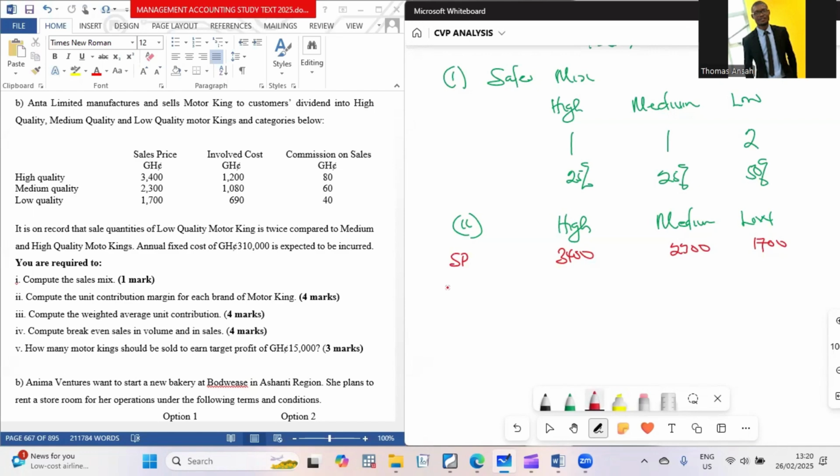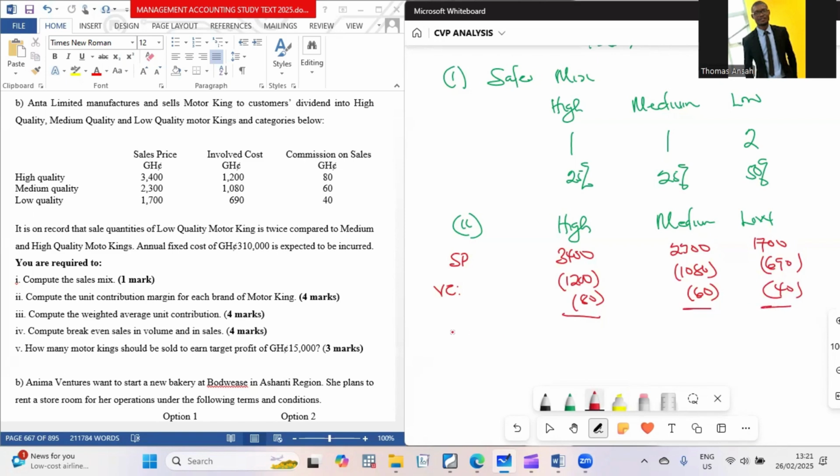Then what do you have? You have variable costs. Here you have 1,200, then another one which is 80. Then here too you have 1,080, another one of 60 is a cost. The more you sell, the higher the commission. So 690 and 40.